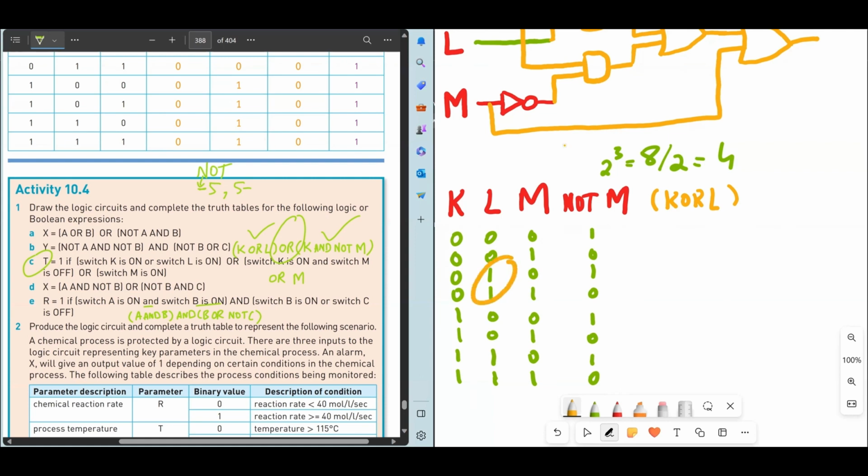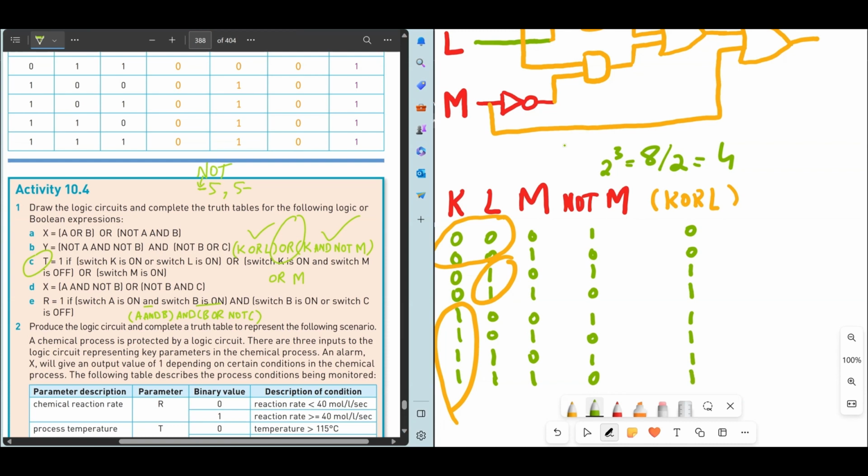So here both of the inputs are 1, and here all of the inputs are 1 in K. So we'll be having 1s in the output column for K or L, and the upper two inputs are both 0 for K and L. So they should be 0, 0 and six 1s in the K or L column. Any question? No, sir.